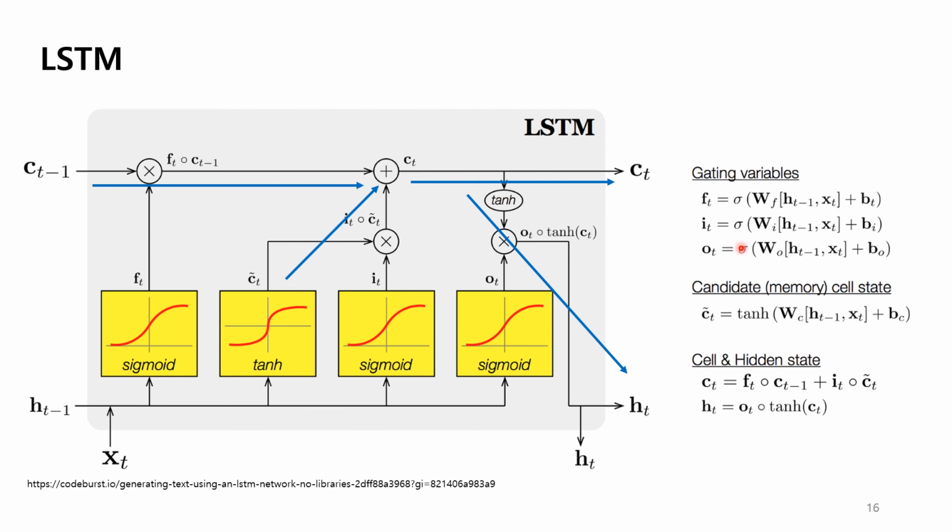That's these 3 gates. And this one, C tilde T, is the output of the hidden node. For this one we already learned it in RNN. This is exactly the same formula used in RNN to compute the output of the hidden node in the next step. So we know this, I assume.